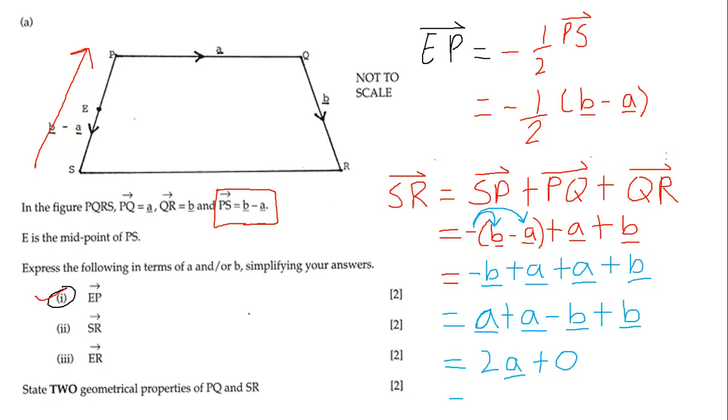So therefore 2A plus 0 is going to be equal to 2A. And so therefore we have completed SR. So SR is 2A. Okay.